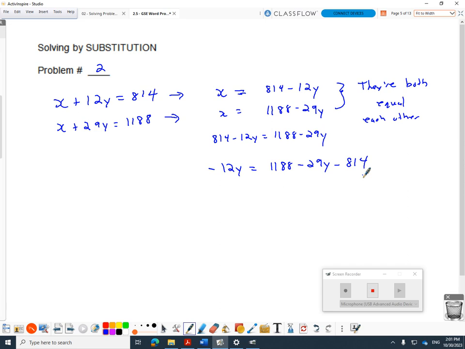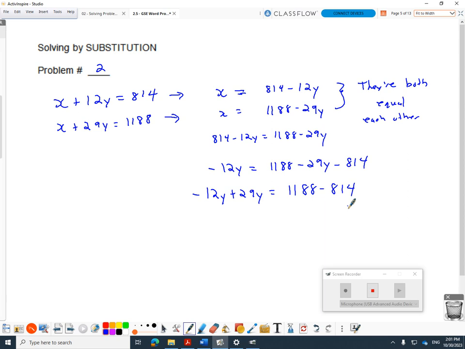The subtract 29y has to come this way, and when it comes this way, it becomes add 29y. This was the whole point of equation solving: get the letters to the left and the numbers to the right. Then we need some help, either from a calculator or someone who's got this integer thing figured out.